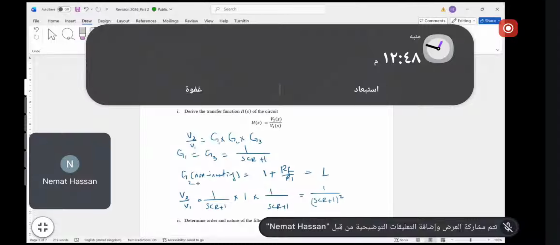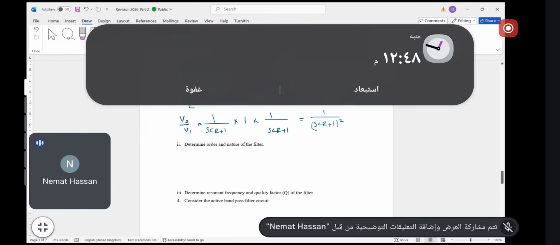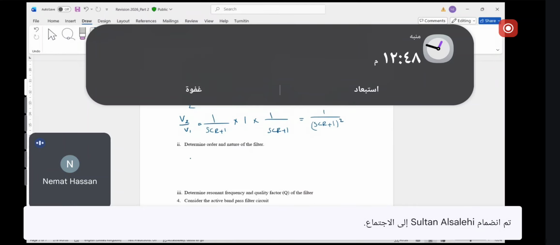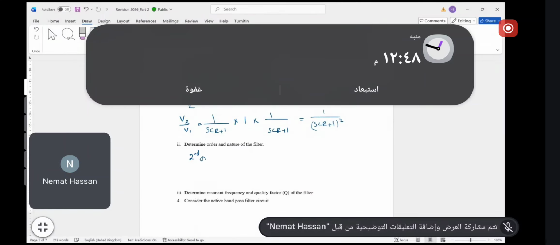Okay, thank you. We call this a voltage follower. Okay. Can we determine the nature and order of the filter? Order is obvious. It's second order. We've already established that.